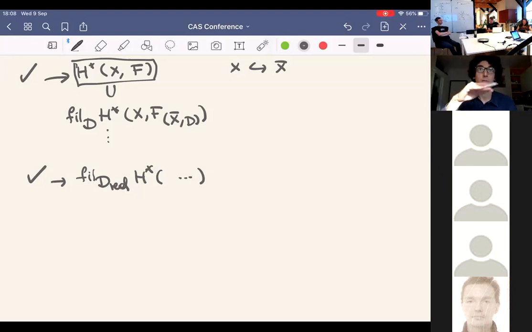It would be nice to see if this compares well with the weight structure that you have on DM, which was studied by you, but also by other people in connection to the Hodge or de Rham realization. So this answer is orthogonal to what you asked, but still.